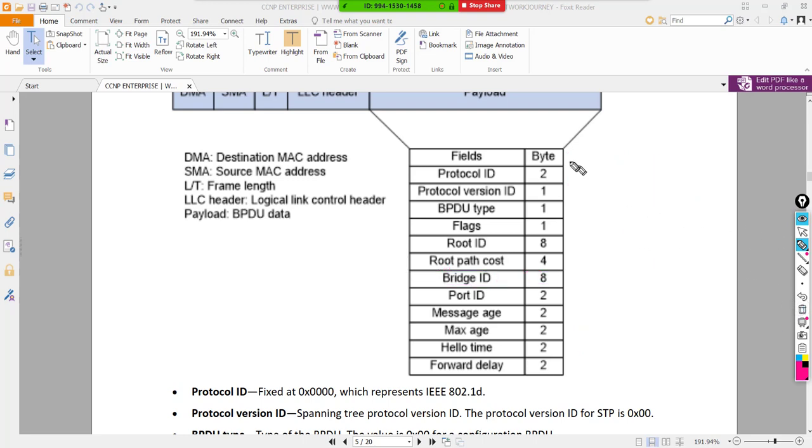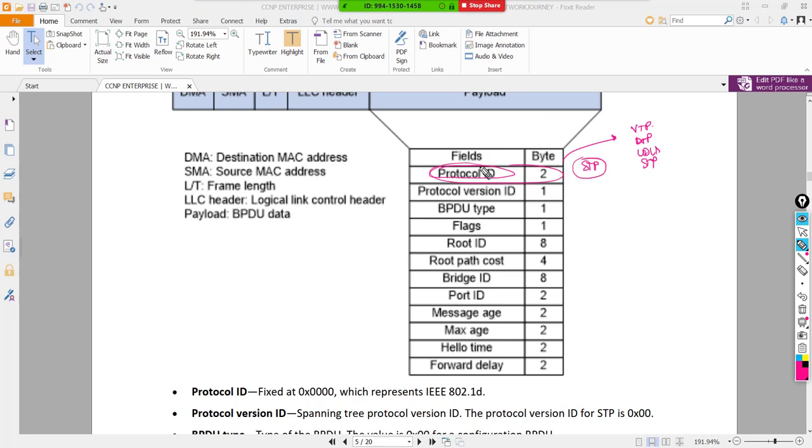Now, what else can we see? It's your protocol ID. For STP, there is a protocol ID which will be stored here, because there can be many other protocols also, like VTP, DTP, what else, UDLD, right? One among them is STP.